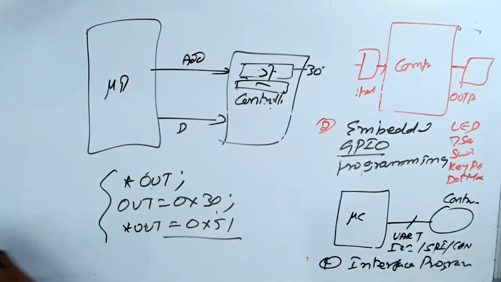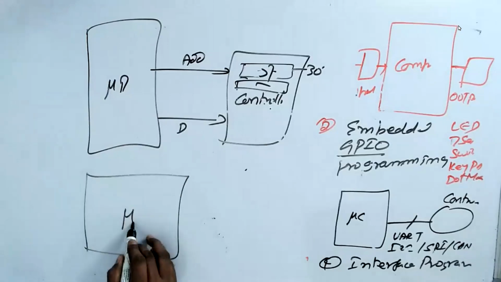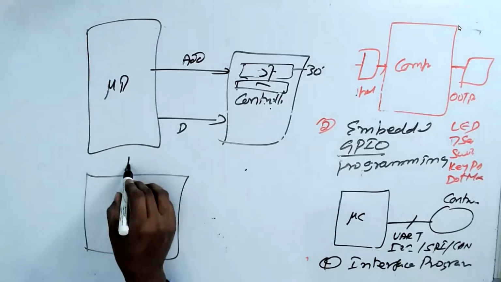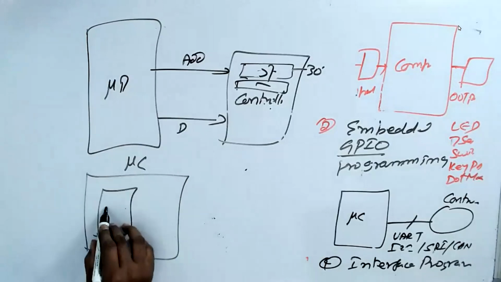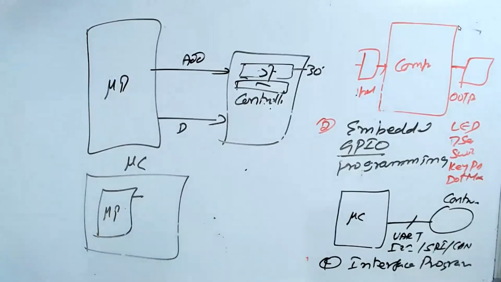But unfortunately, when I start using the microcontroller, the microprocessor address will not come out. It is not available outside. Then what will you do? Understand? That's a problem.